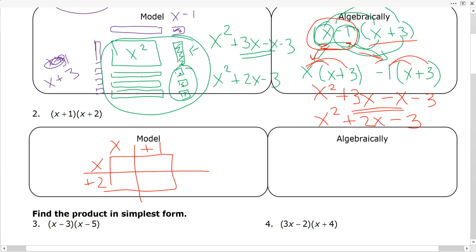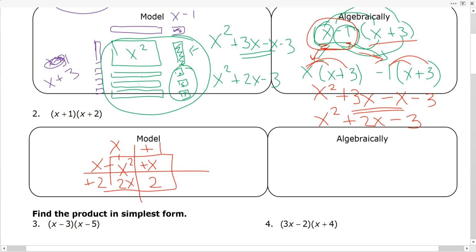And I'm going to multiply this times this, and I get x squared. Then I'm going to multiply x times 1 and I get x, or plus x. I multiply x times 2 and I get 2x. And I multiply 2 times 1 and I get 2.